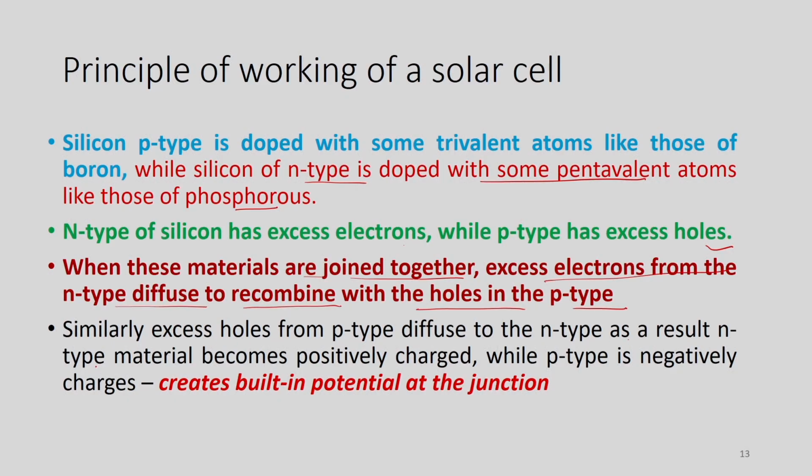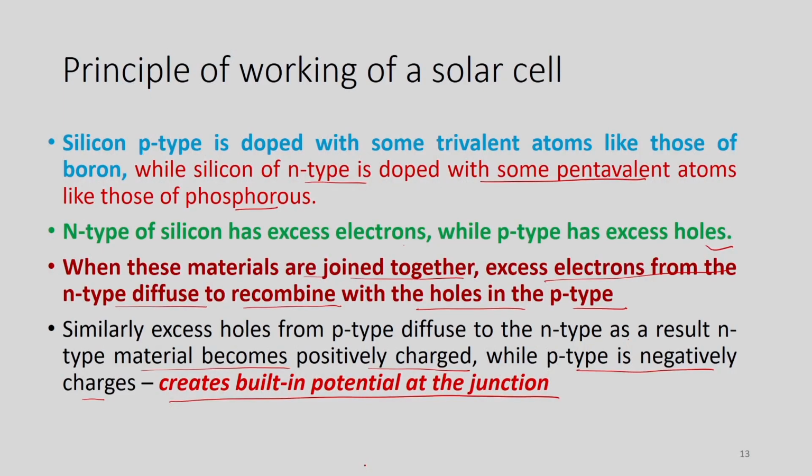As a result, n type material becomes positively charged, while p type becomes negatively charged, and that creates a built-in potential at the junction. The consequent electric field is capable enough to transfer charges from the negatively charged p type to the n type, and then electricity can be generated. This is how a PV cell works.